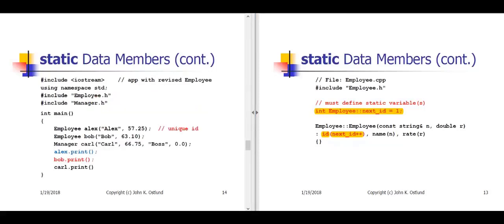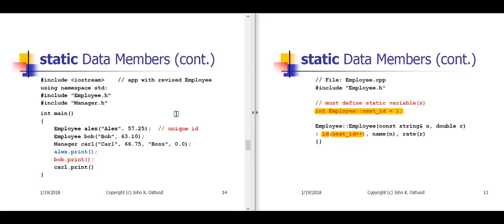Here on slide 14 is a small application to illustrate how the nextID static data member works within our employee class. We've got a main function here, and when we compile and execute this code, because the nextID data member is static, it is stored in the static data area and initialized with 1 even before the main function is called.